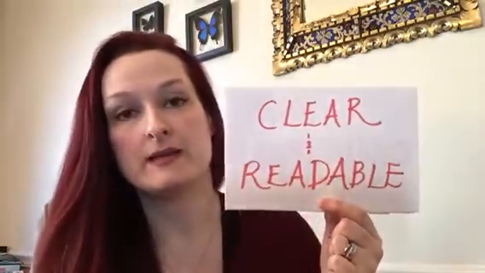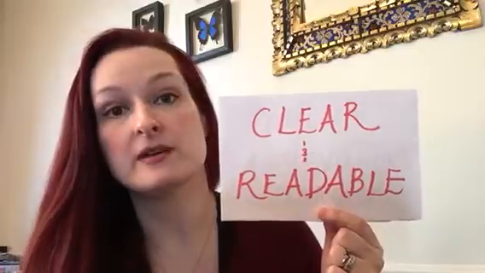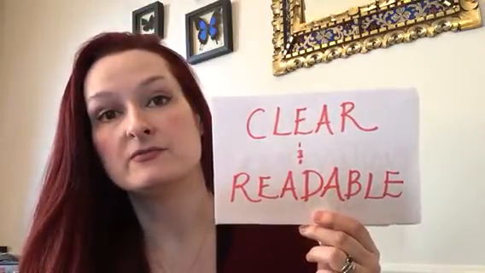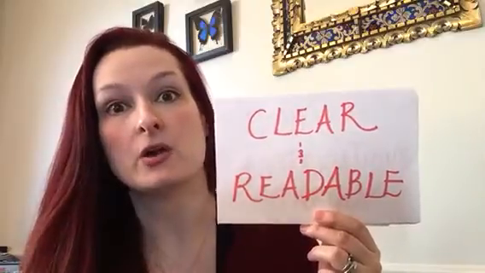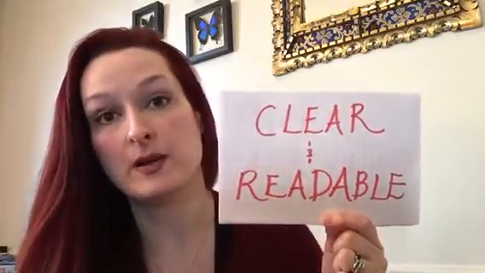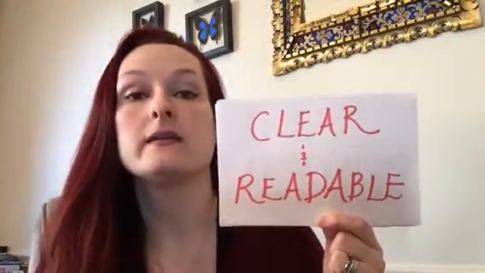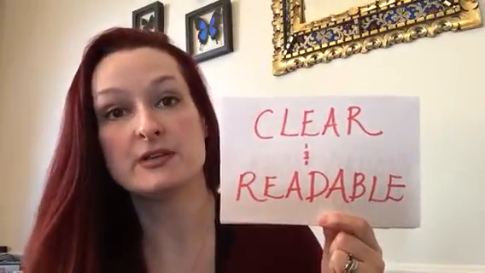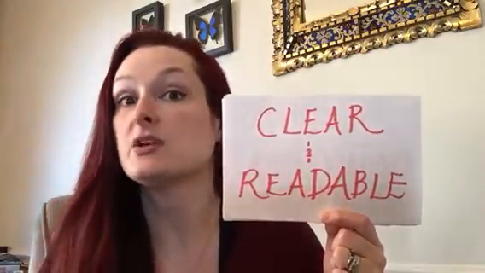Readable means that it is free of grammar errors, it's free of punctuation errors, it is free of anything that would interfere with readability, with picking up what you're putting down. So how do you ensure that your paper is readable? Well, you can obviously proofread it yourself. You should make use of your computer spell checker and grammar checker, but those things are not foolproof.